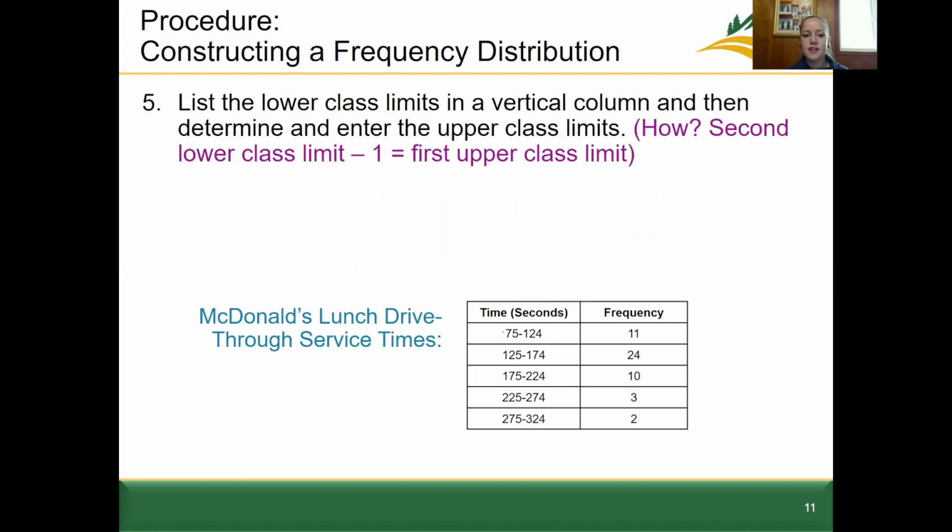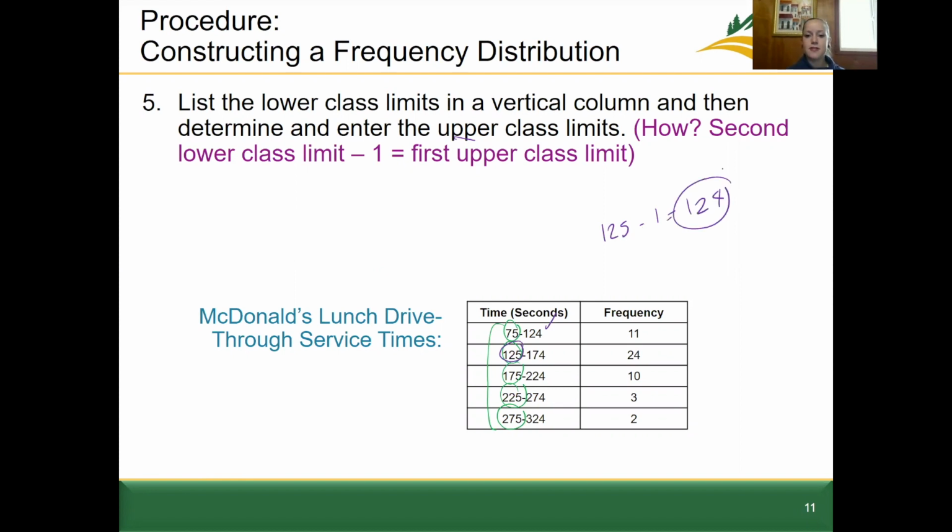Step 5, list the lower class limits in a vertical column, so 75, 125, 175, 225, and 275, and then determine and enter in the upper class limits. So how do we do that? Well, we decided on these lower class limits. To get the upper class limits, we take the second lower class limit, 125, and subtract 1, and we get 124.